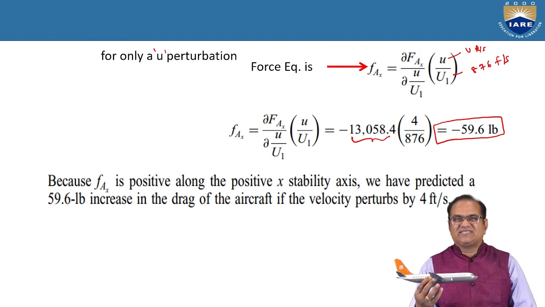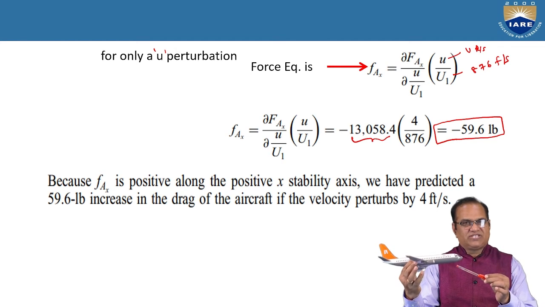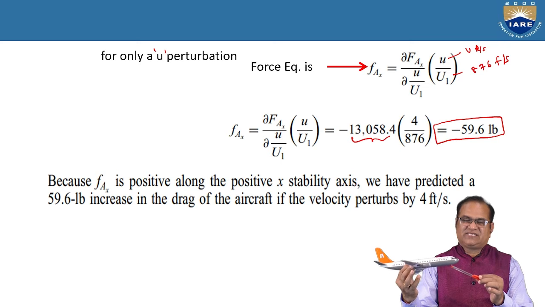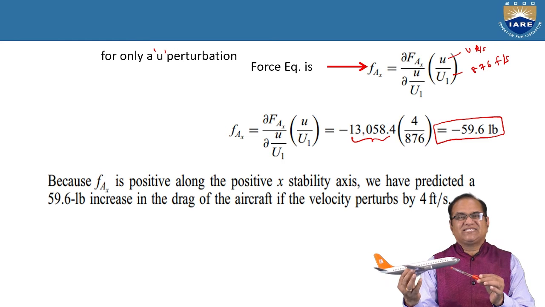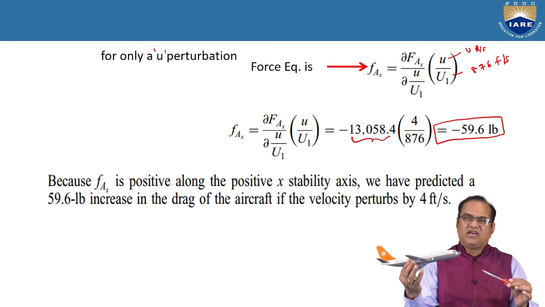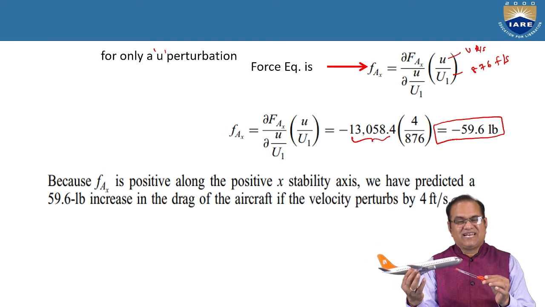Here Fax is a perturbed force. It means the aircraft is flying with some velocity, 876 feet per second. All of a sudden one gust came and 4 feet per second has increased. Now the speed has become 880 feet per second.